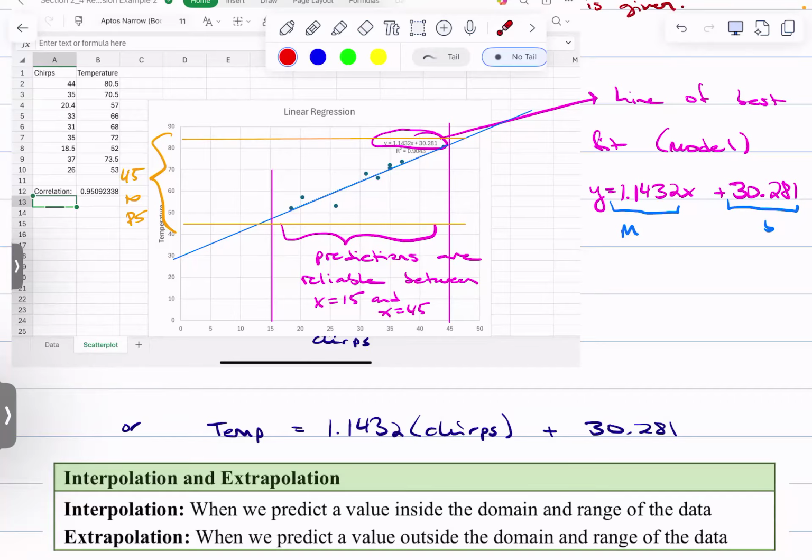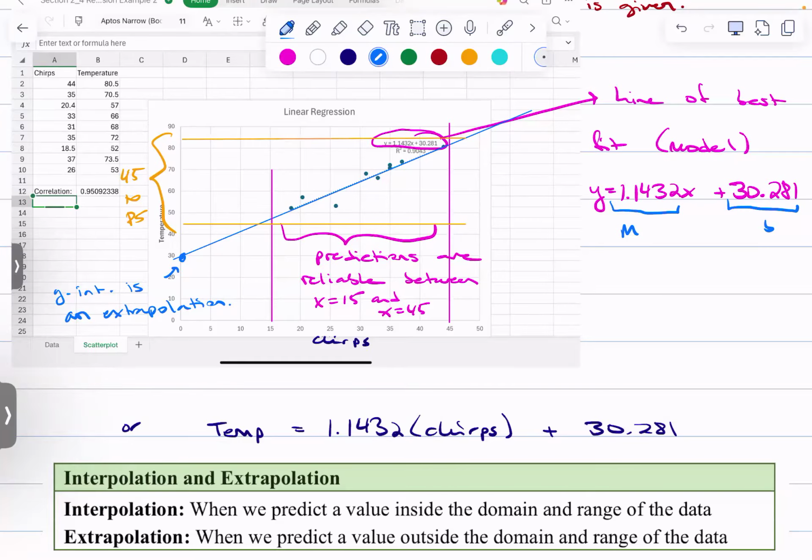That can happen just if x isn't reasonably 0. It's the predicted temperature when the chirps is 0.